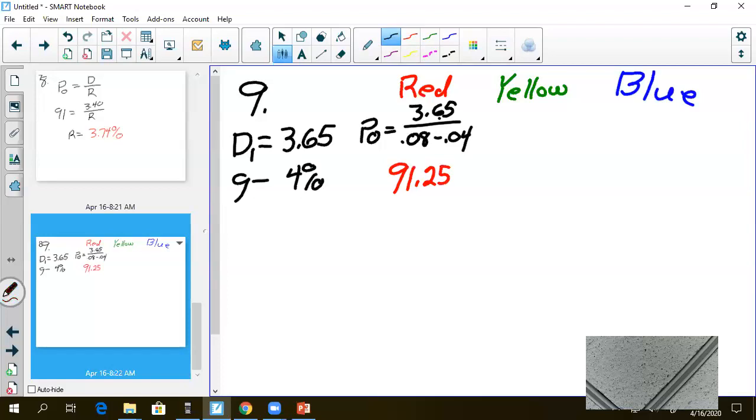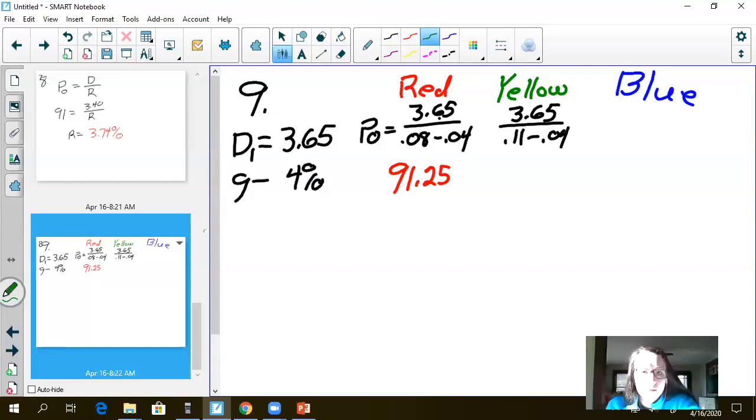All right, and then the next one, we got a dividend of $3.65, but their return is 11%, with the 4% growth rate. And what's the price of the yellow stock? 52.14.